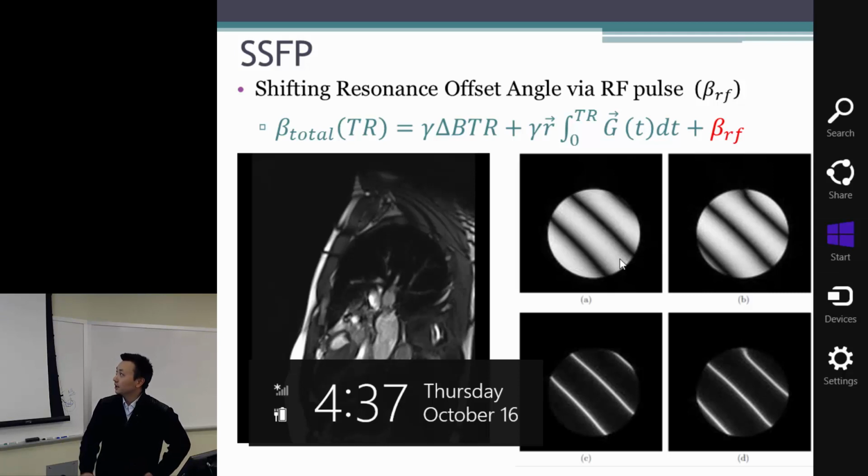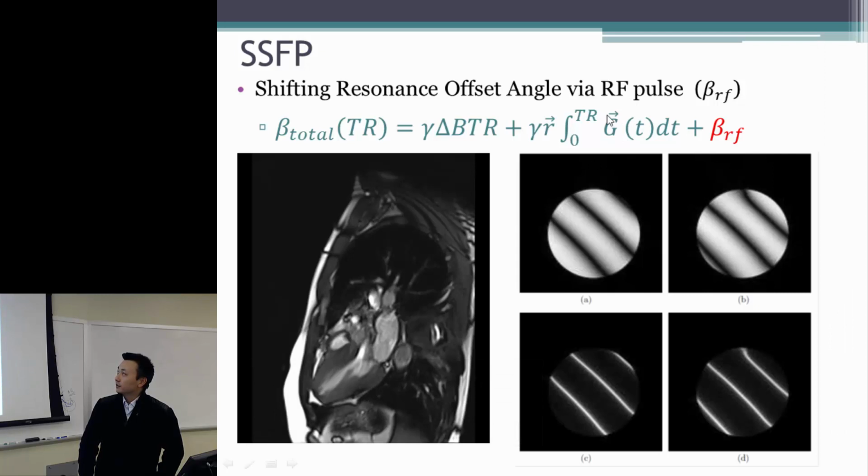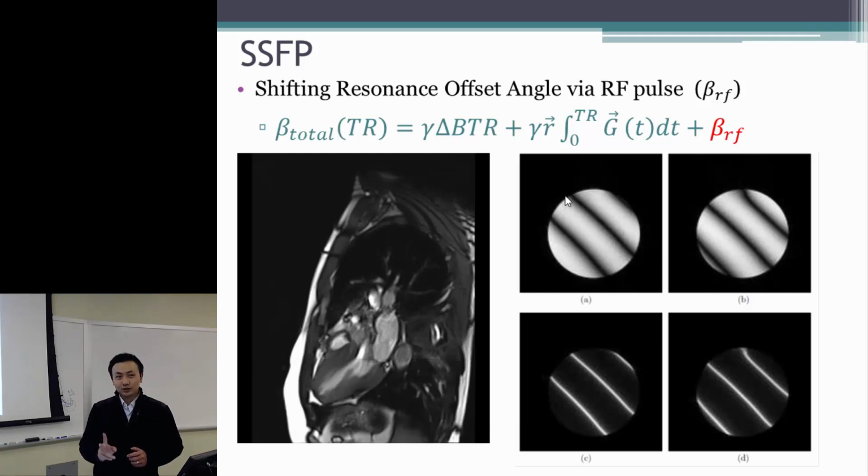So if we shift the frequency of that RF pulse so that it leads to a pi change in the resonance offset flip angle, then we can shift the passband just to the center of the stop band so that they overlap each other. So sometimes when people are doing this kind of imaging, they will collect 2 sets of images.